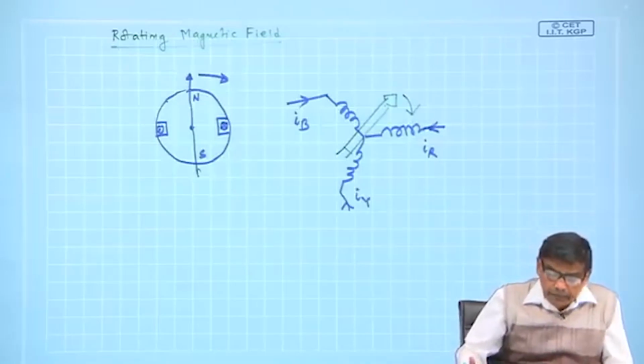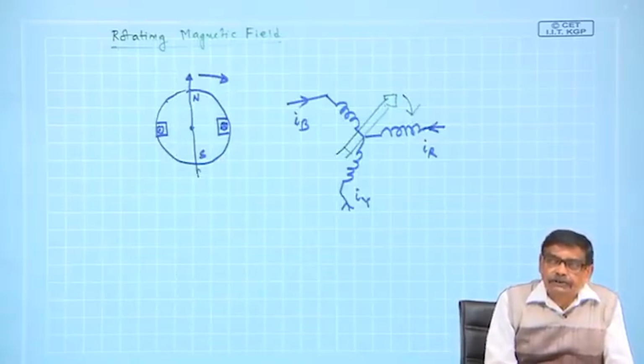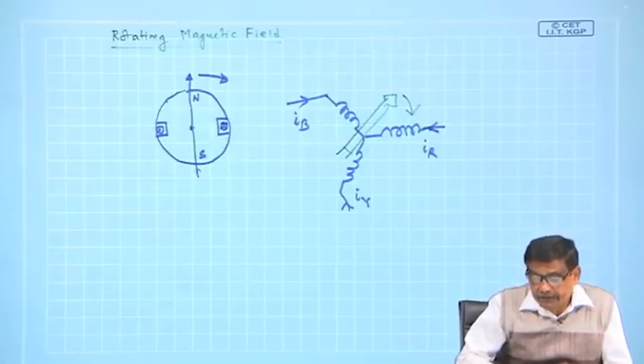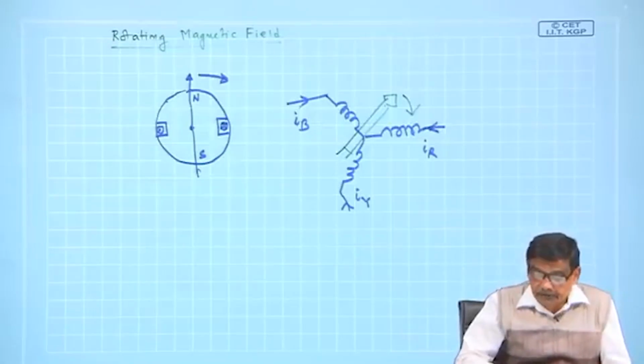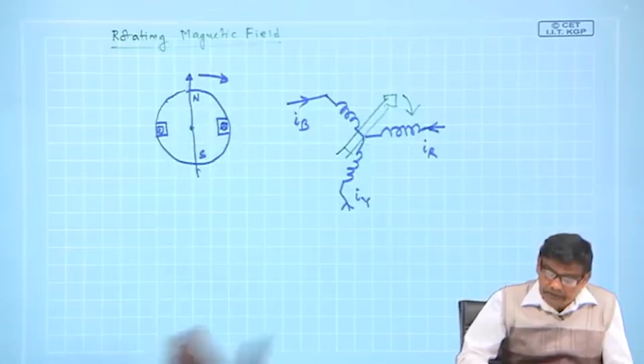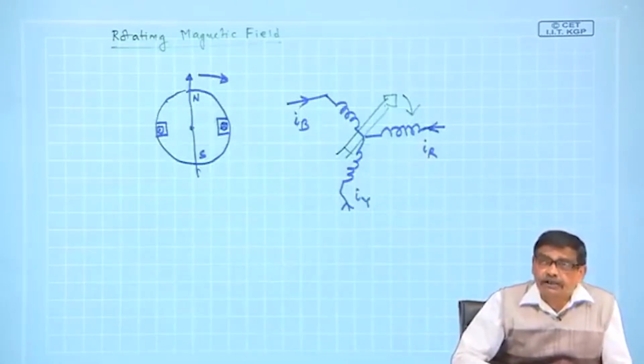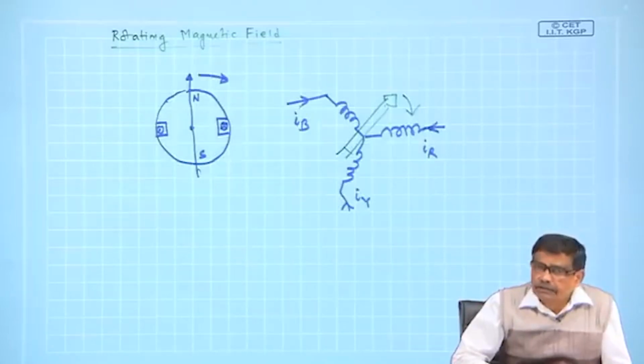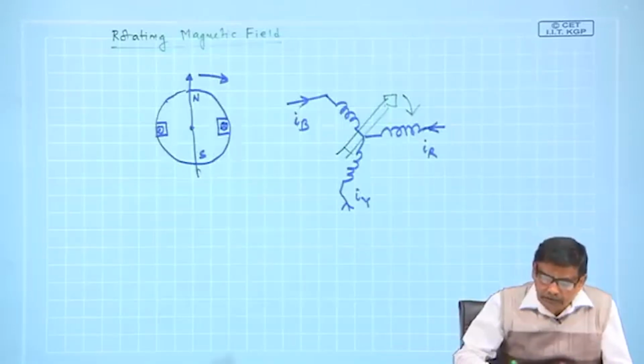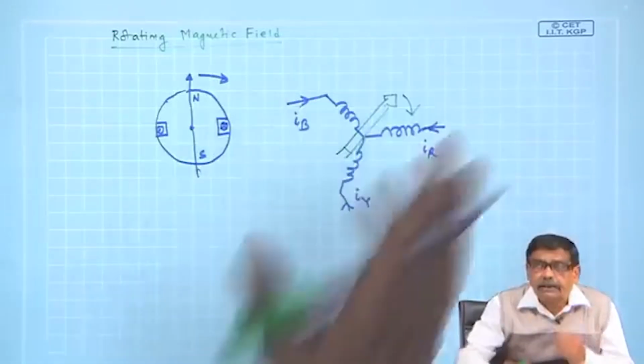Average people will give you the earlier solution, but it was left to Nikola Tesla, who first told you can create a rotating field like this with the help of stationary coils. Coils need not be moved to create a rotating field.